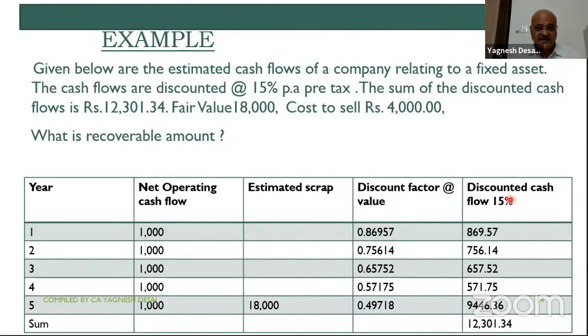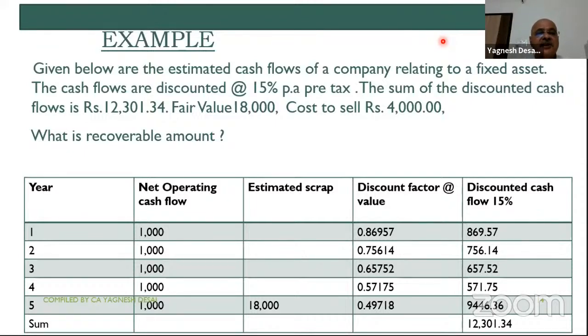We will call this what, sir? Now tell me, guys, we will call this 12,301. What will you call this, sir? Value in use. Value in use. Fantastic answer, Anita Taparia.